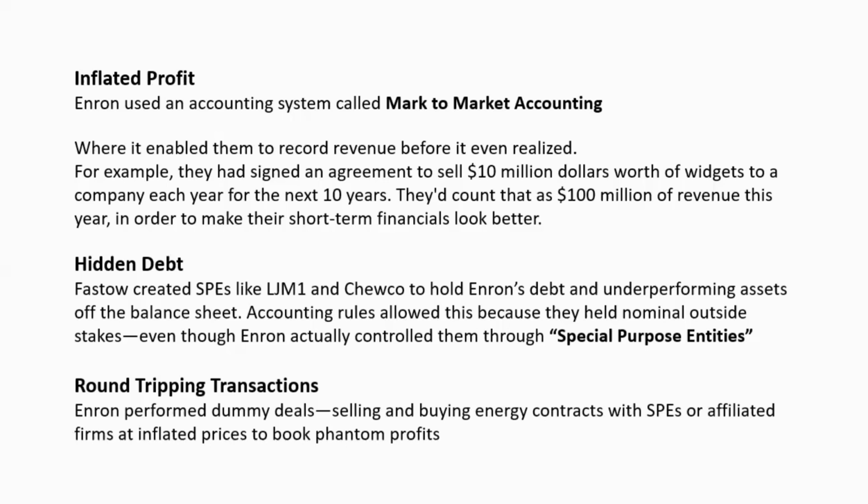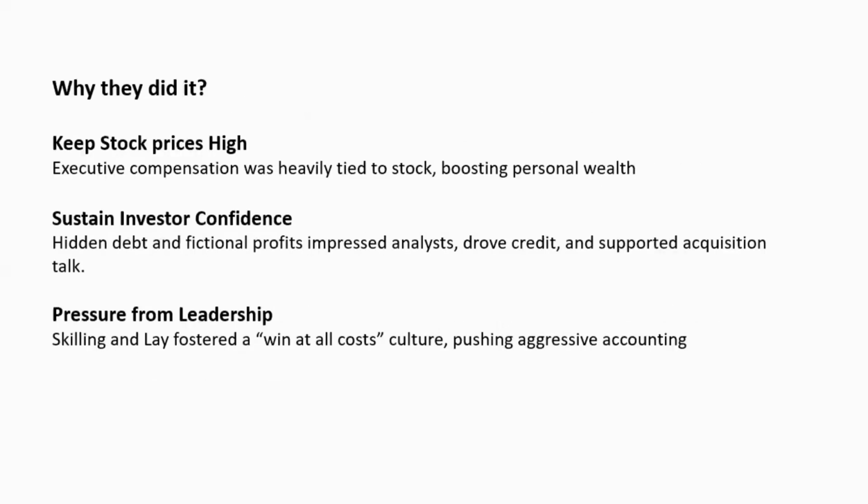That is a round tripping transaction. And why did they do this? To keep stock prices high. Of course, if stock prices are high, then the CEO and top level management benefit from that. To sustain investor confidence, pressure from leadership.